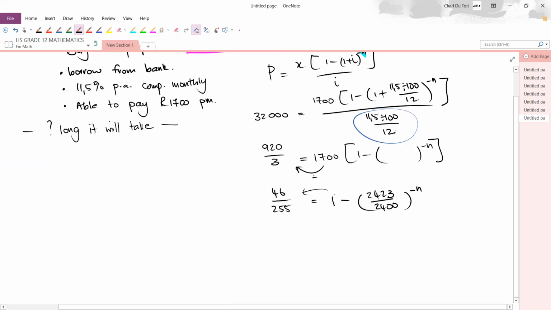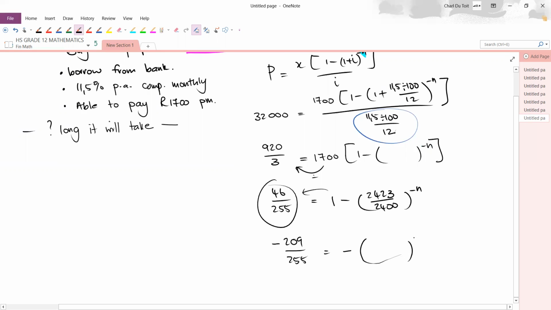So now I'm going to take the 1 over. So I'm going to take that fraction. And that's why it's important to work with fractions, because I've lost this now in my calculator. So now I can just go back and type 46 over 255. That will give me all the decimals. And I'm minusing 1. So that gives me negative 209 over 255.